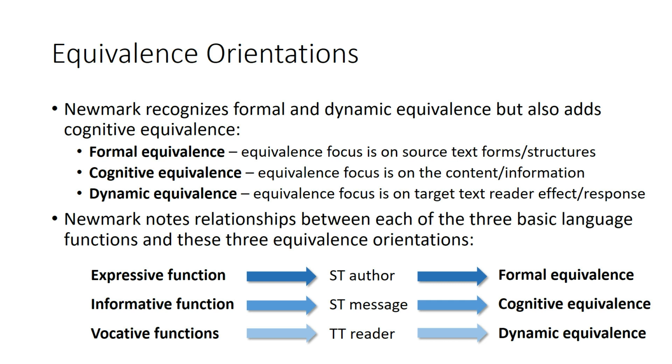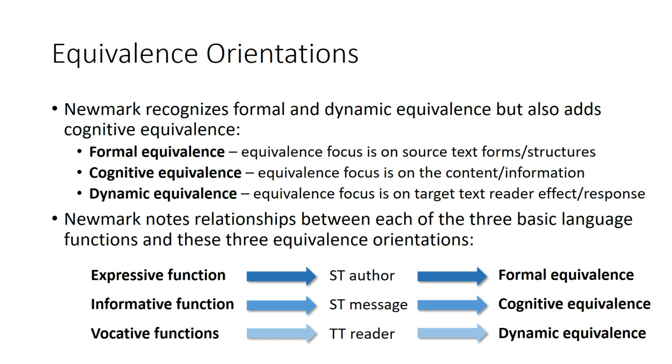So if the text that we want to translate has a dominant language function that is expressive, then perhaps Newmark suggests the source text author is important and we might want to prioritize formal equivalence. If, on the other hand, the dominant language function in the source text is informative, it's simply trying to convey information, the emphasis is on the source text message, then we should prioritize cognitive equivalence.